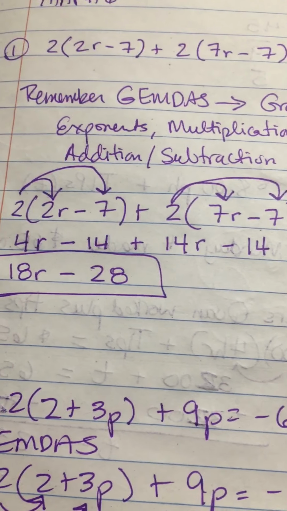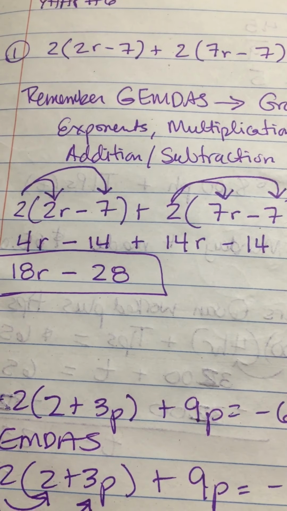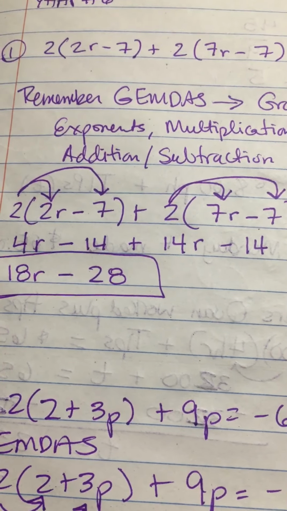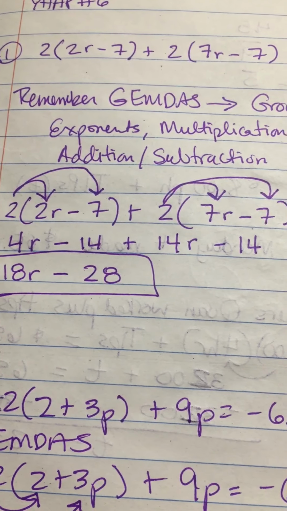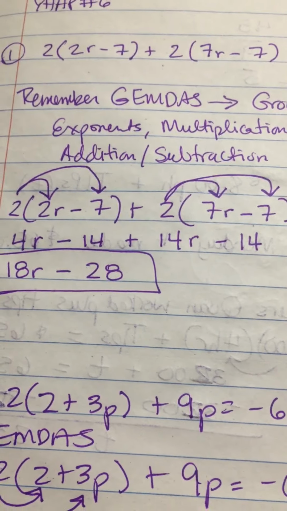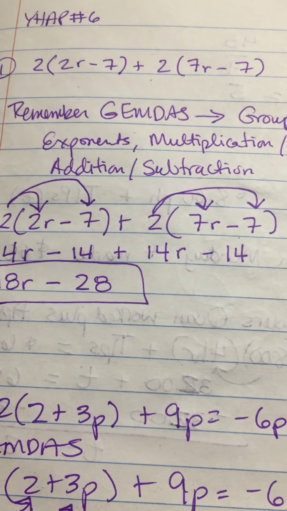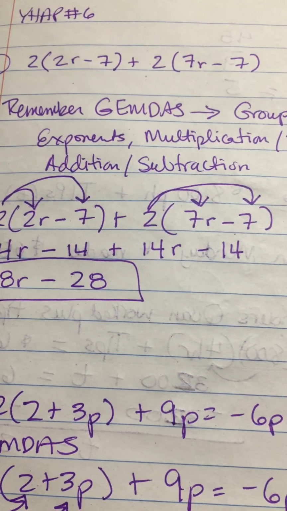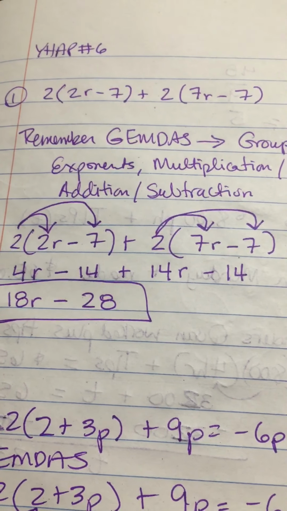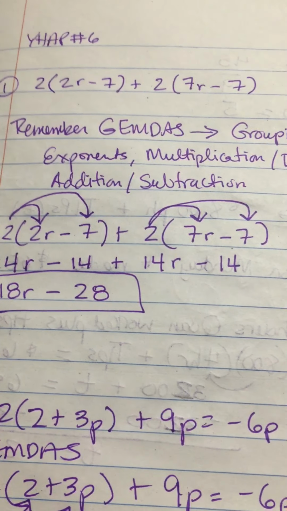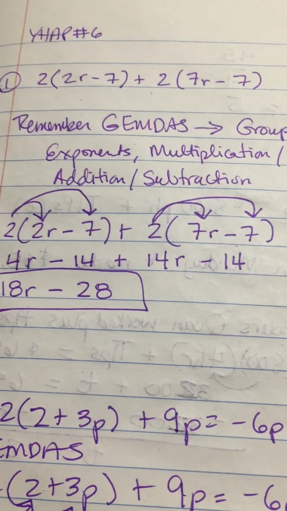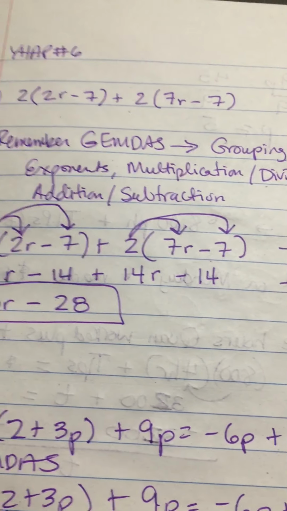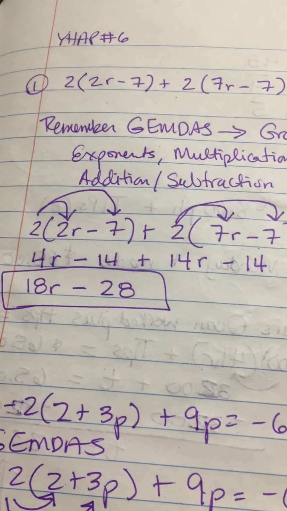Now, when I reviewed some of your answers, some of you canceled out the 14s. I'm not sure why you canceled out the 14s, because we're not working across equal signs. We're just simplifying this expression. So instead of canceling the 14s, you need to combine the like terms.